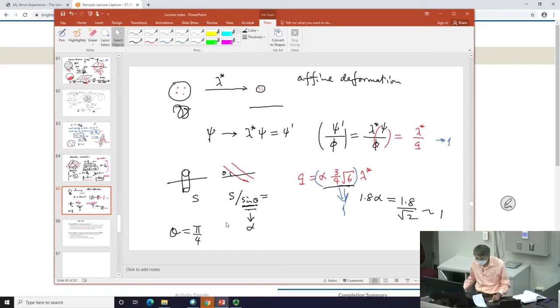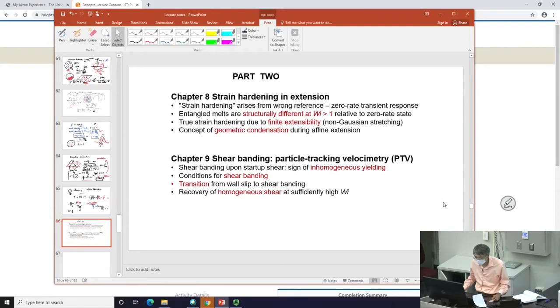So let's move on. I'm showing you the outline one more time. We concentrated on this point here, the geometric condensation. So we're more or less done with chapter 8, and we're going to move on to chapter 9, and not forget any of the things that we have.